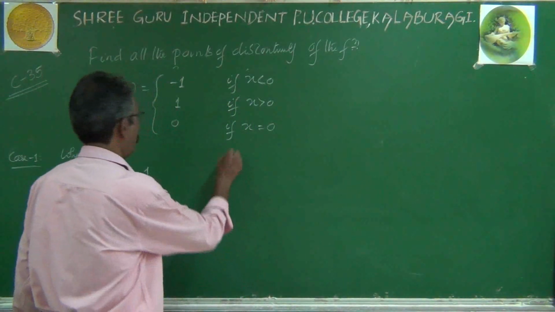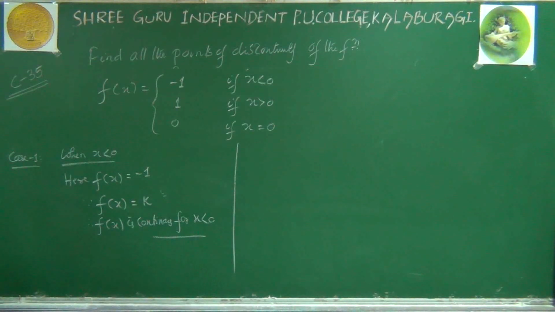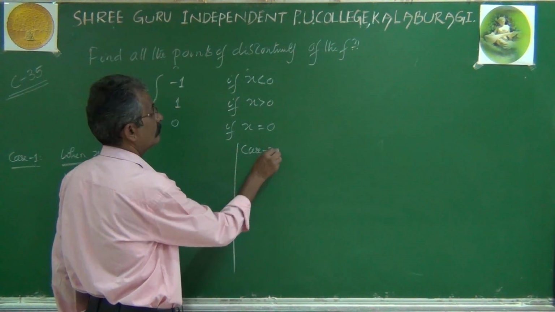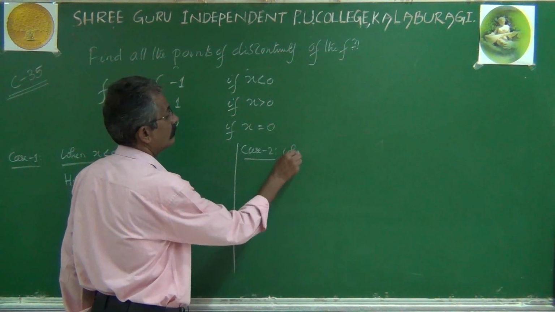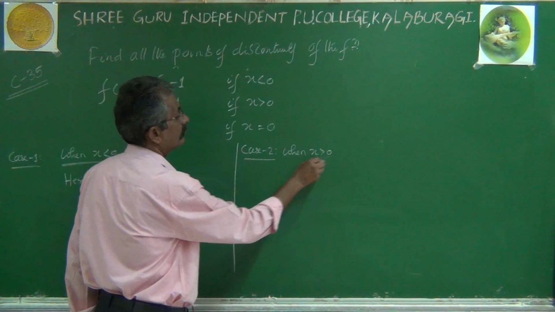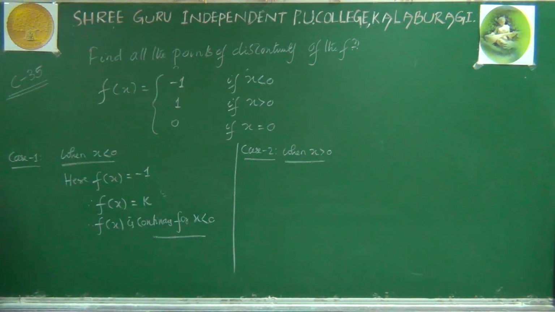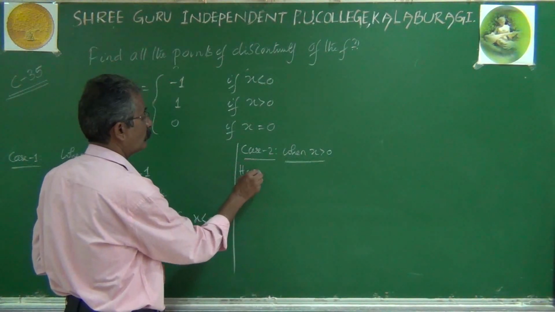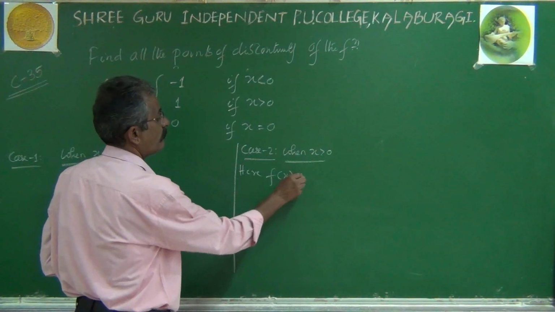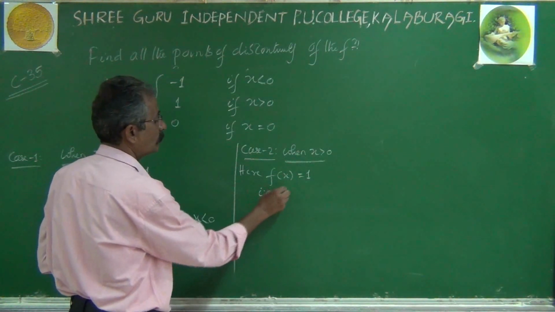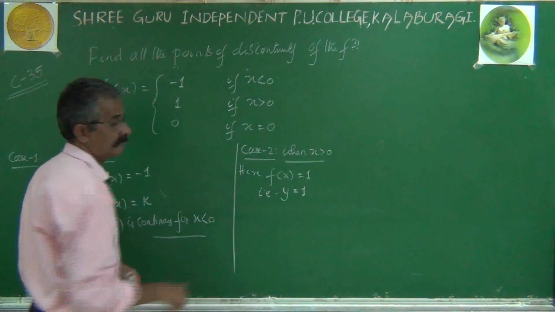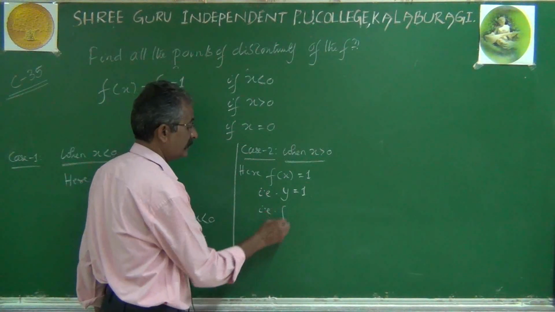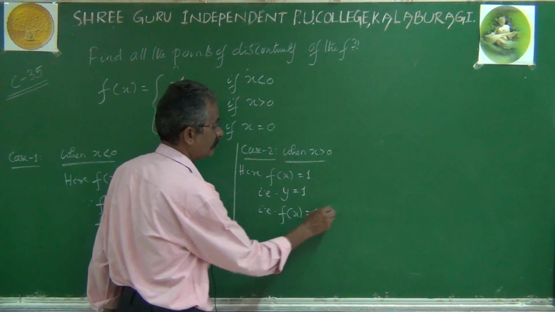Next, case 2, when x is positive. Whenever x is greater than 0, the function is defined by 1. Here f of x equals 1, meaning y equals 1. What is 1? A constant.